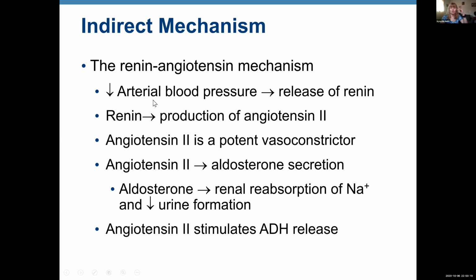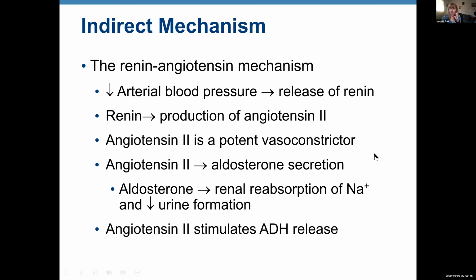So your blood pressure drops and your kidney releases renin. Renin stimulates the production of angiotensin 2. As I told you, we do have angiotensin 1 circulating in our blood, and we need renin to convert it into angiotensin 2.